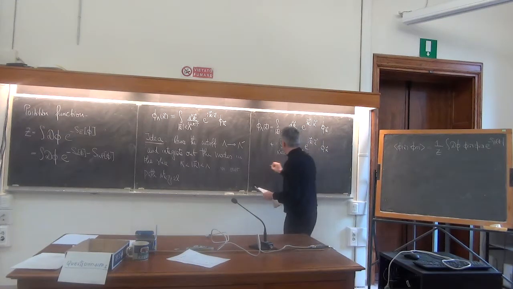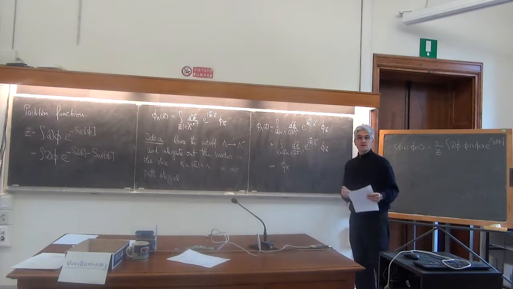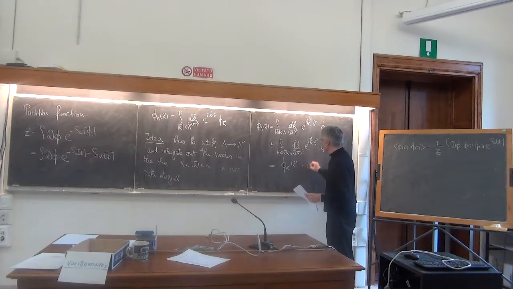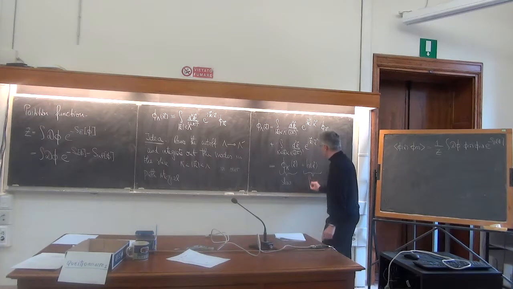I call this decomposition now. The first part already has a name: it's phi defined with regard to the new cutoff, phi lambda prime of x, and this other part I call h of x. So it's a decomposition into slow and fast degrees of freedom.